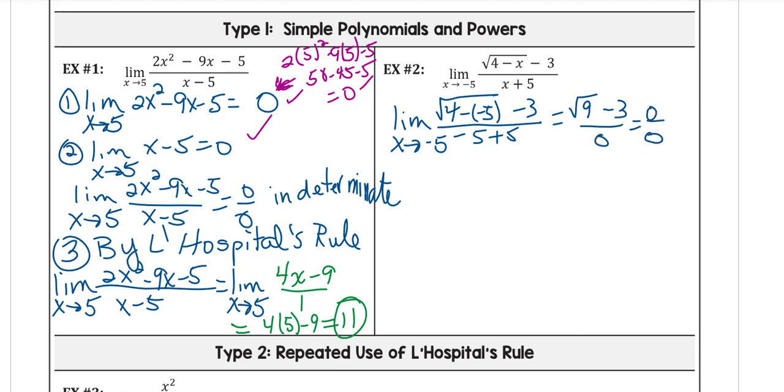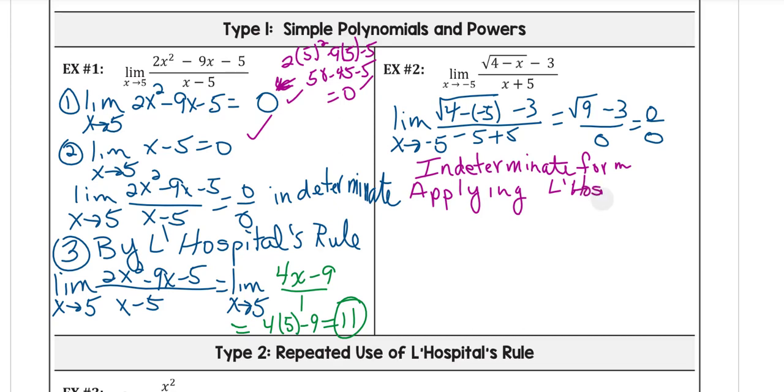So you can say indeterminate form. And then say applying L'Hopital's rule. We're going to have this then.